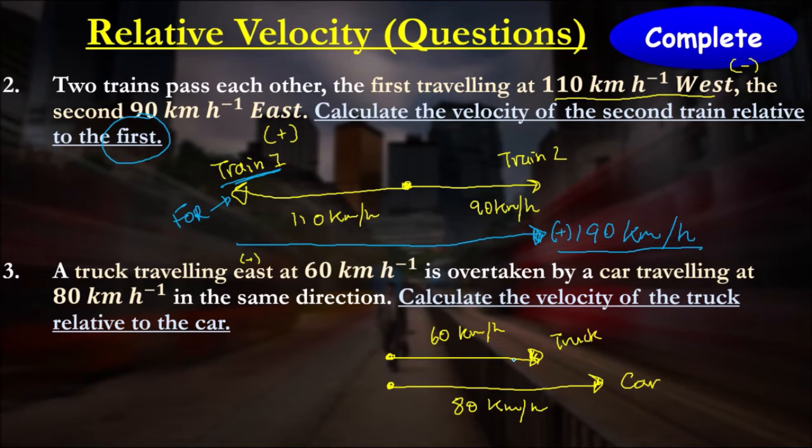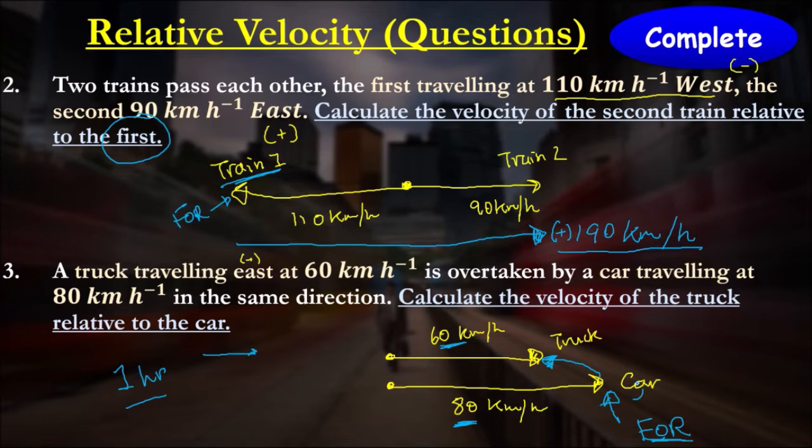So the frame of reference we're looking at is the car here, and we're looking backwards to where the truck is. Now, if we let 1 hour pass, the truck has gone 60 kilometers, the car has gone 80 kilometers.